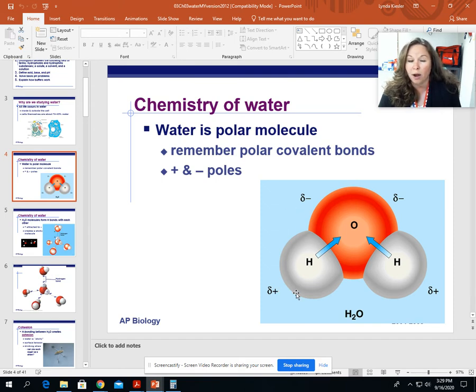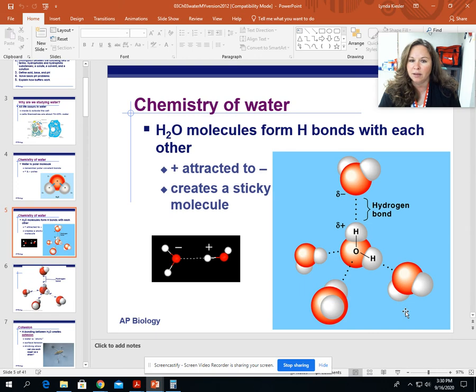So we say water is a polar molecule, or it's a charged molecule, unlike methane, which is not. That was an equal sharing. There's no negative or positive poles with that one. So that's a nonpolar molecule, but water is a polar molecule. All right, that's going to cause it to have some certain behaviors.